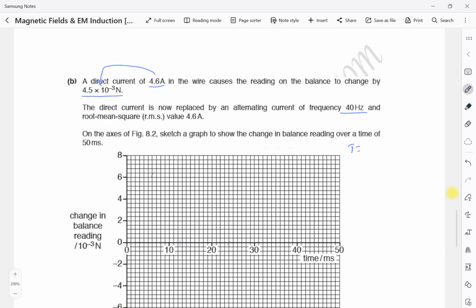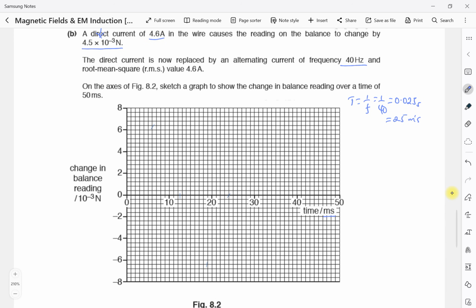So period is going to be 1 over frequency, which is 1 over 40. I think 1 over 40 is 0.025 seconds. Since this is in milliseconds, that is 25 milliseconds. So one cycle will be here. Another cycle should be here. This is 25.